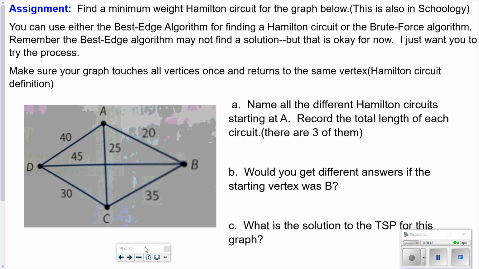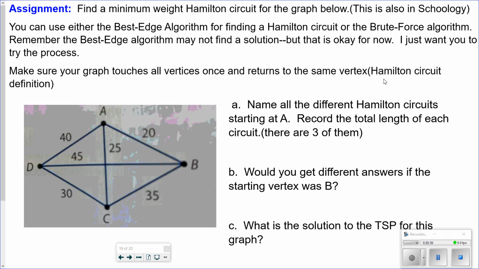You can use either the best edge algorithm or the brute force algorithm. Remember, the best edge algorithm may not always find the solution, but that's okay for now. I just want you to try the process. Make sure your graph touches all the vertices once and returns to the same vertex. That's what it needs to do to be a Hamilton circuit.